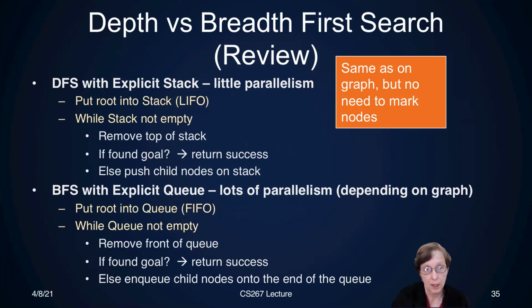Whereas if we've got a FIFO queue and we're always pulling off the oldest thing on the queue, then we end up with a breadth first search algorithm. That's what we get in the serial case. So this is just reviewing those execution strategies on a tree or a more general graph. In a graph, you have to be a little more careful about the fact that two different paths can run into the same child node, and so you have to mark things.